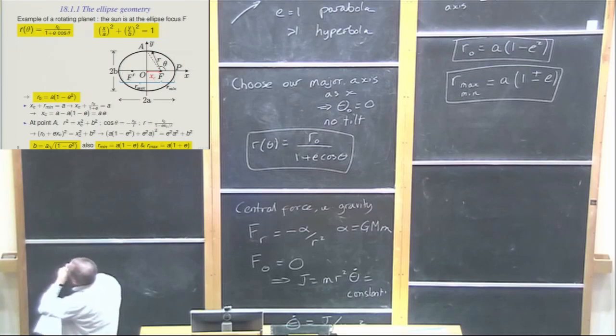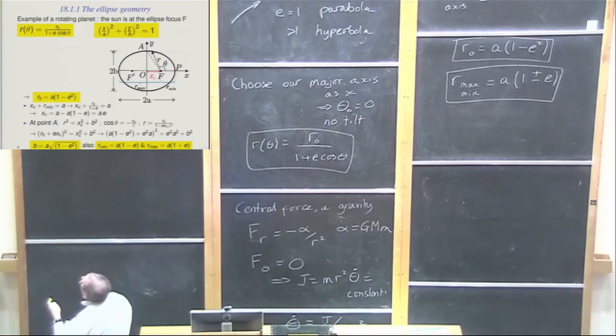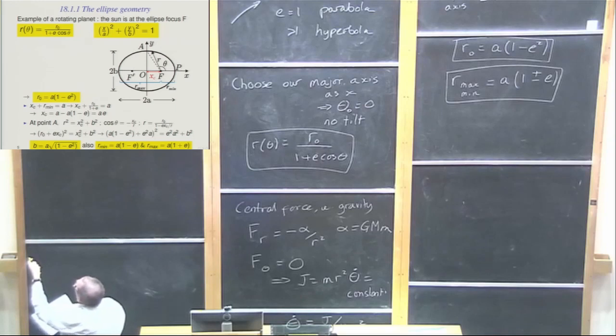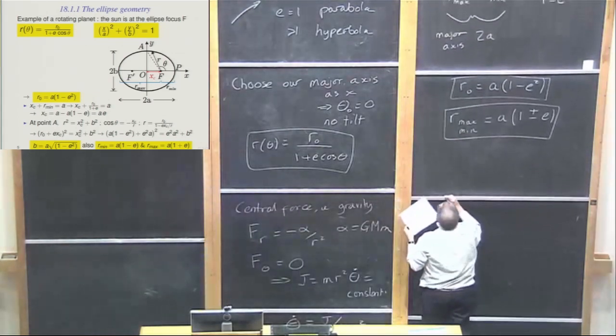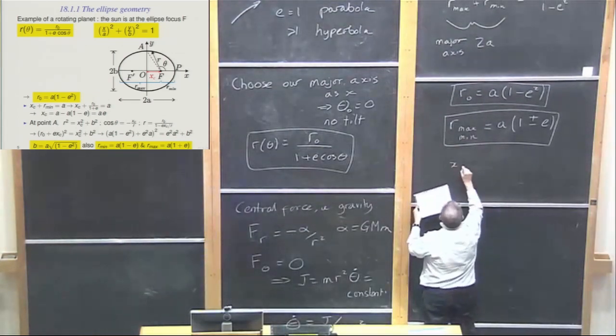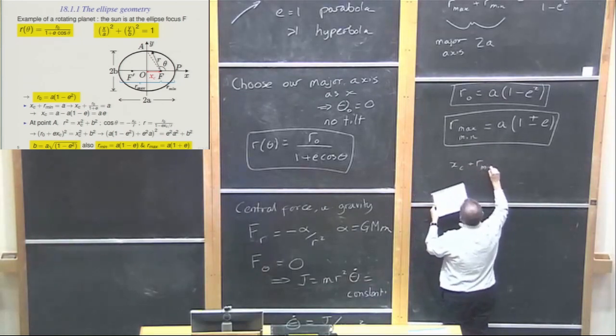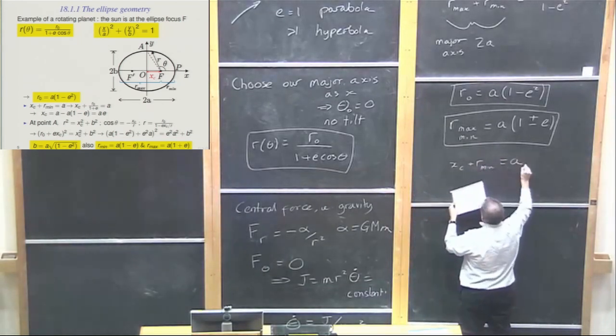Let's look at relations here, in particular involving this triangle. This introduces yet another parameter, but we'll soon get rid of it. The distance from the center of the ellipse to the focus, let's call that xc, and that plus r min is a. So xc plus r min equals a.